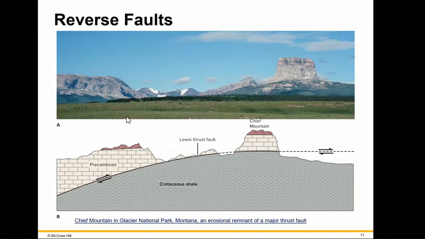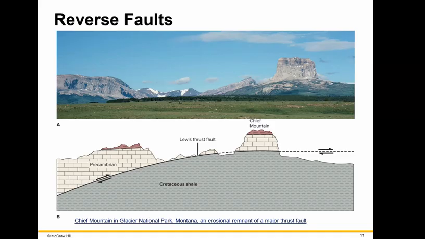Look at this diagram here. This area is called Chief Mountain in Glacier National Park in Montana. That is an erosional remnant of a major thrust fault. What is a thrust fault again? Who can remind me? It's a reverse fault that has an angle that is 30 degrees or less. Look at this area here, and this is the interpretation of what is going on.